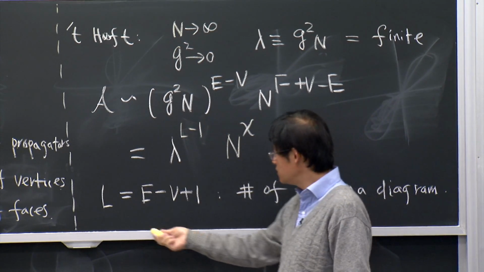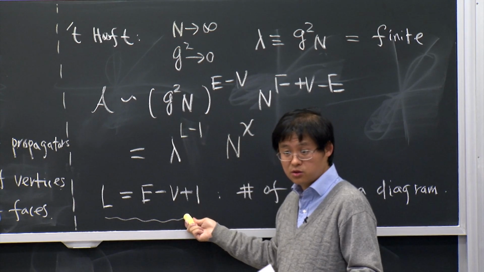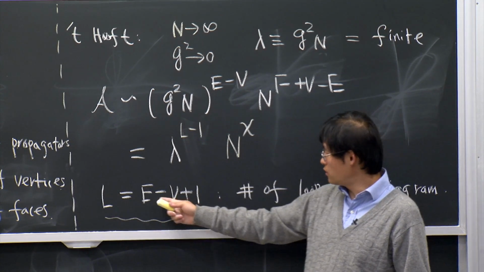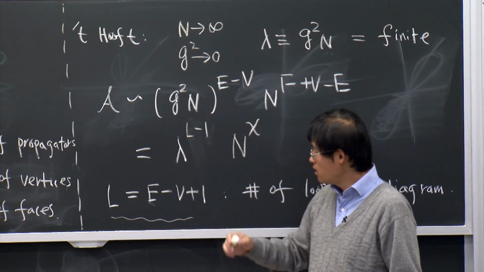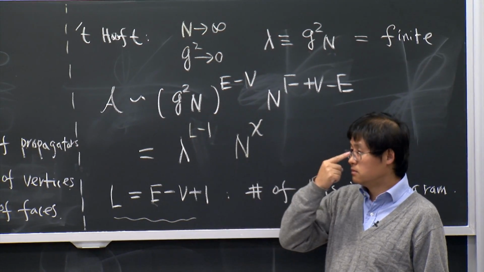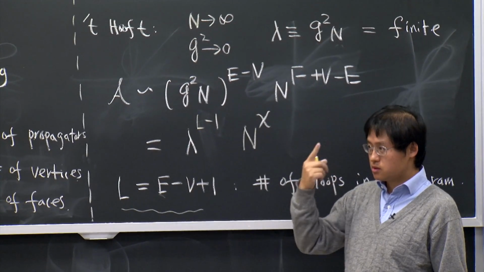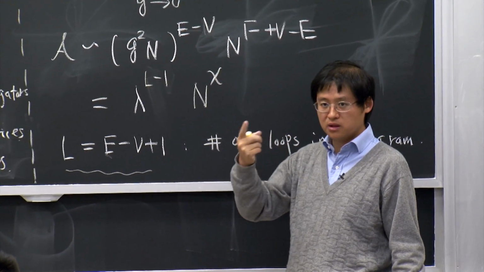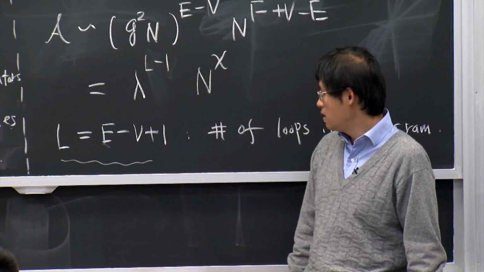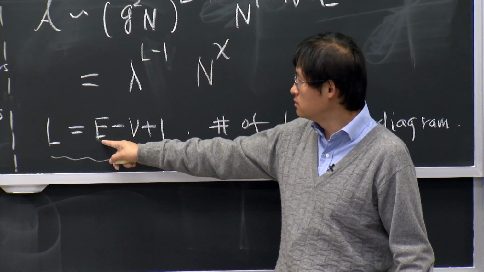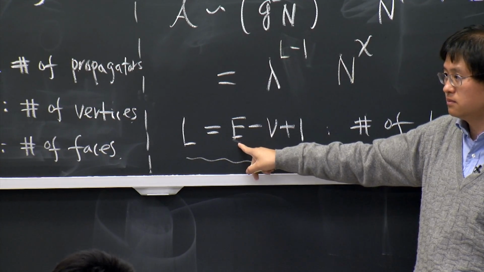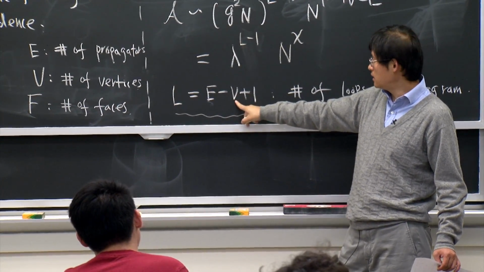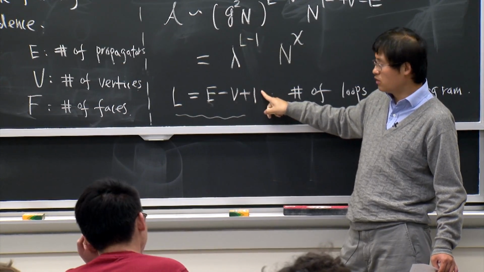So do you guys remember this formula? Why is this true? The reason this is true is very easy to understand. If you look at the Feynman diagram, the number of loops is exactly the same as the number of undetermined momenta. Each edge, each propagator, will carry momentum. And at each vertex, you have momentum conservation. But then there's overall momentum conservation, which is guaranteed.